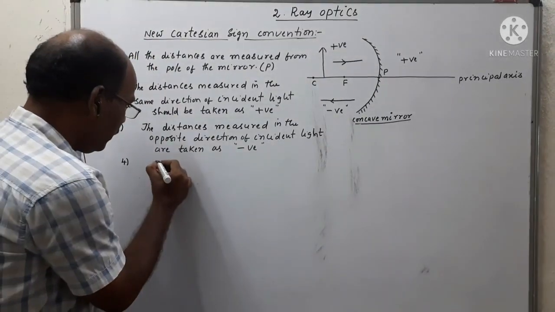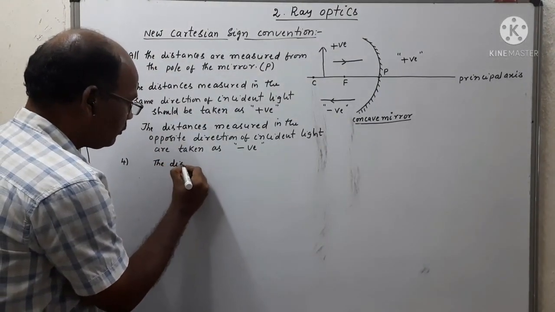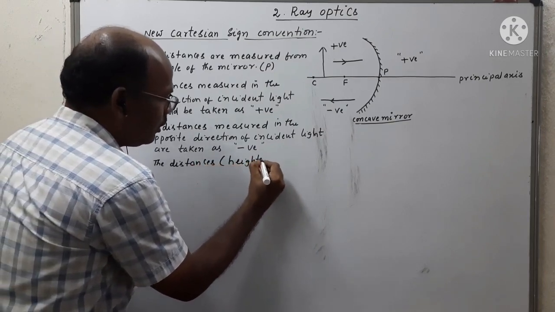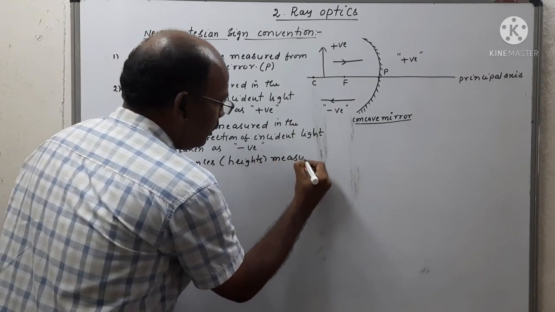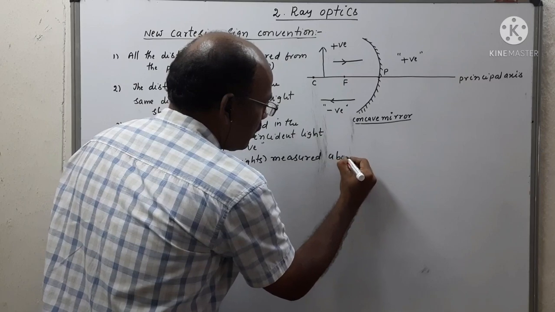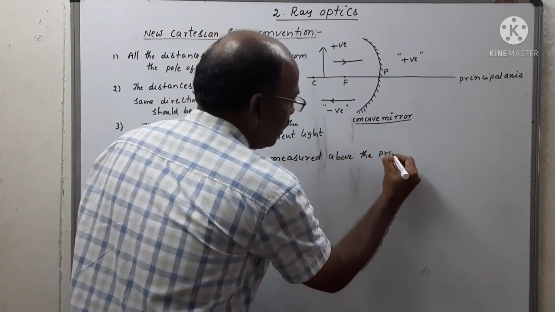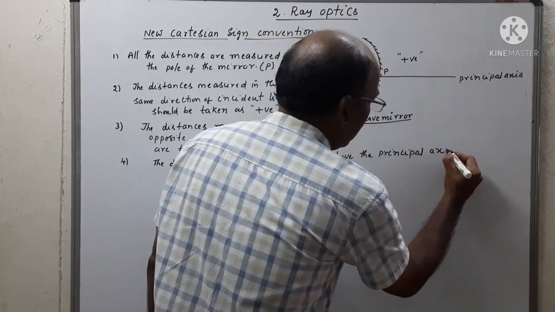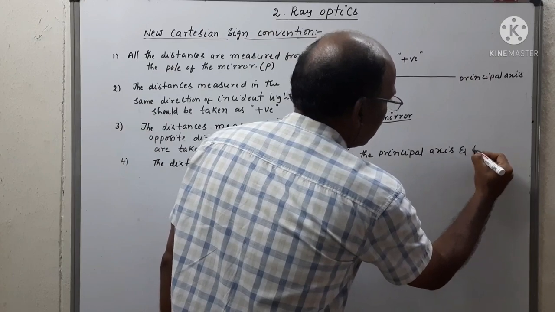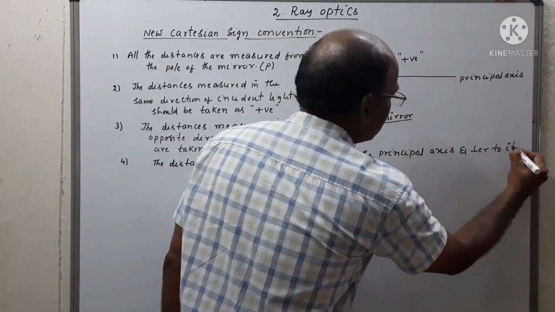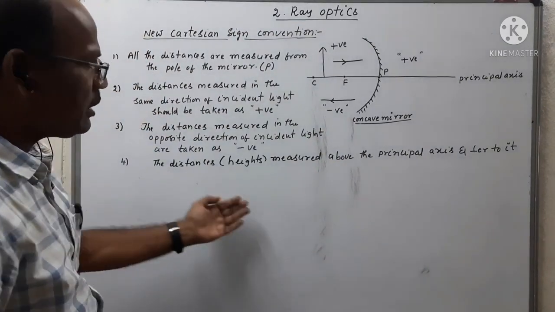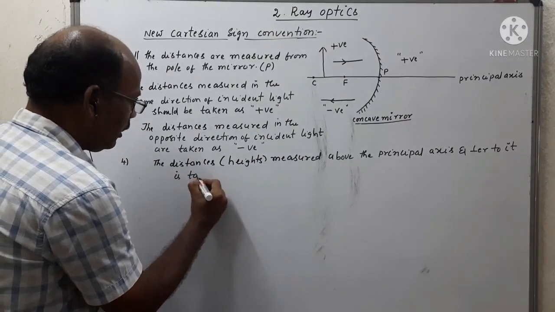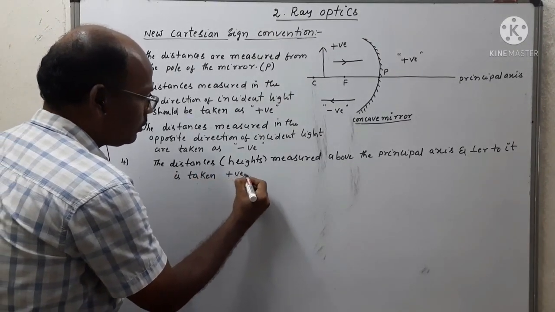So we can write the fourth one. The distances, in brackets heights, measured above the principal axis and perpendicular to it are taken as positive.